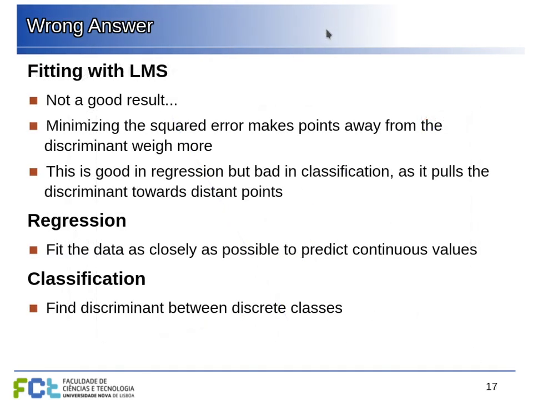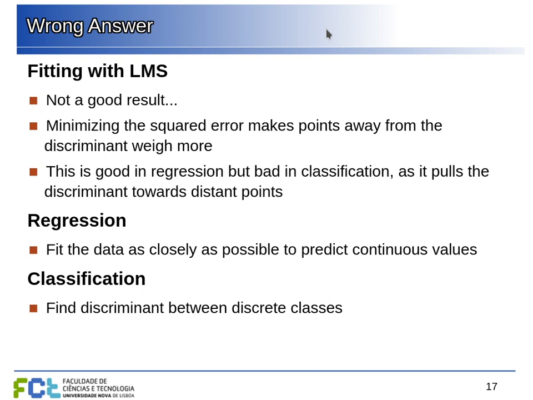So the reason for doing this wrong first, using the same reasoning as we used for regression, is to help you understand this big difference between regression and classification. Even though in both cases we are fitting the parameters, trying to minimize a continuous function, the error function, the loss function, the objectives are different.